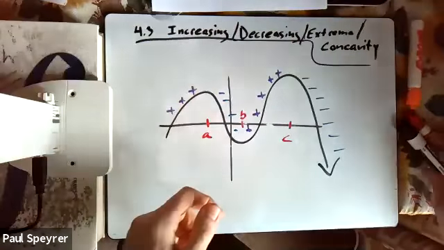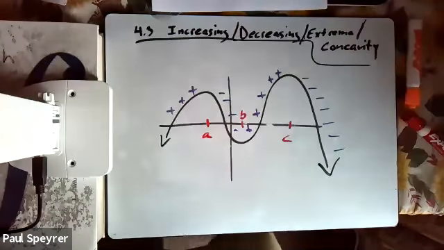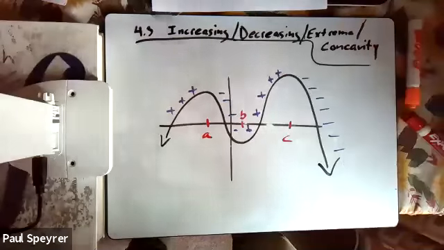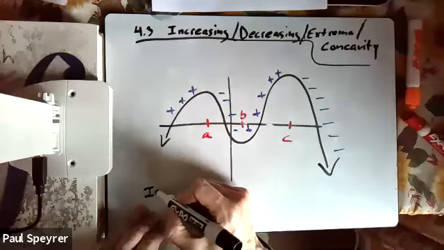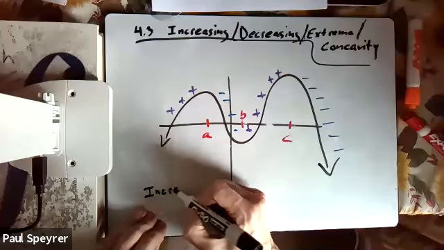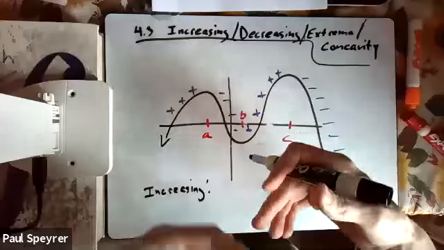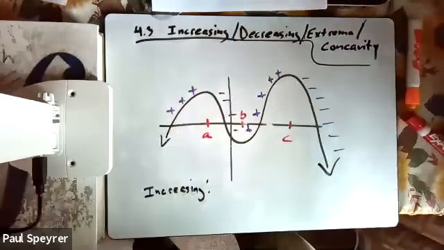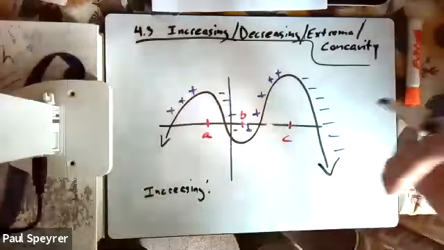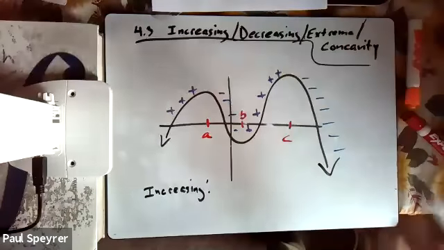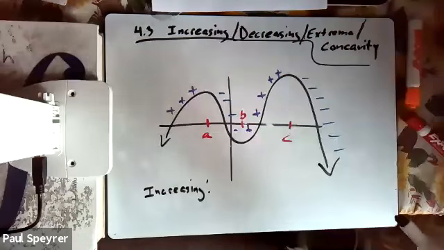So let's say, for example, and this goes back to Math 130, you were asked about increasing and decreasing. We had intervals on which something is increasing, and this is just a review. If they were asking you the intervals on which this particular curve is increasing, remember, increasing and decreasing intervals are always done with respect to x, not y values.